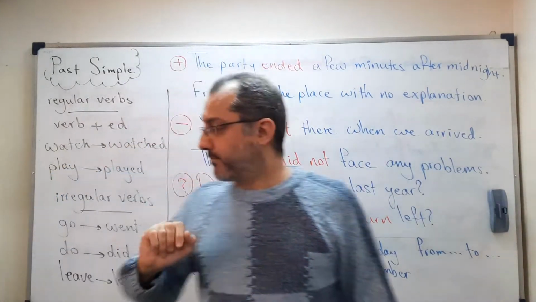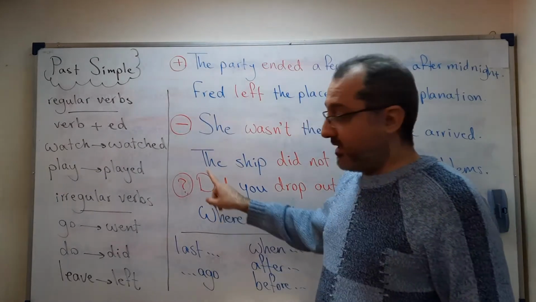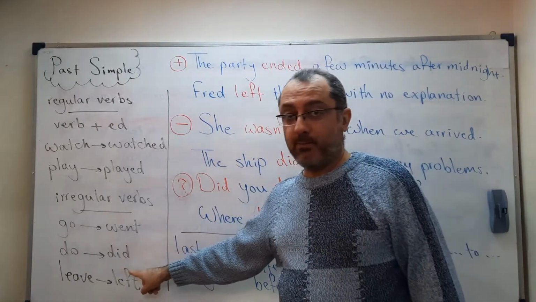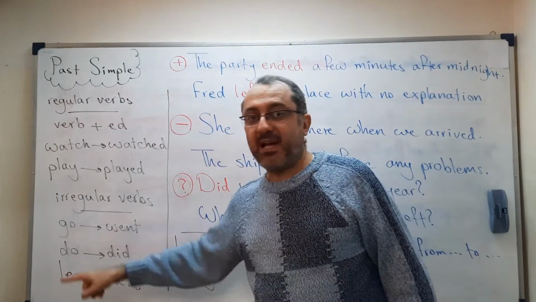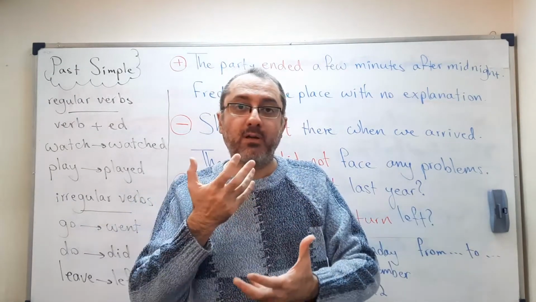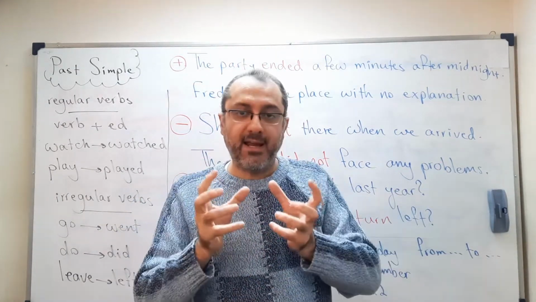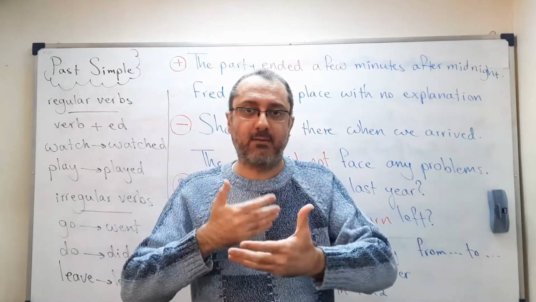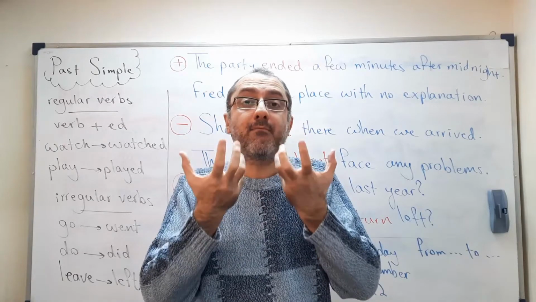Be careful. This did is different from this one. This did is the past tense of do, to do an action, to perform something. Use your hands, your body, your mind to do something, make something, create something. It's a main verb.